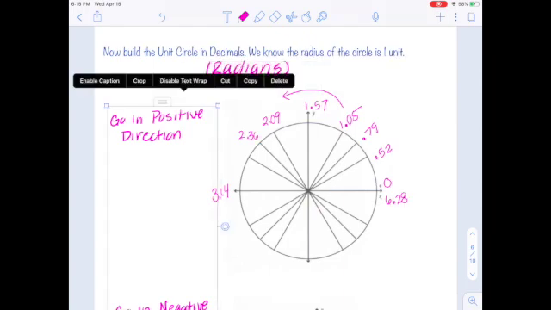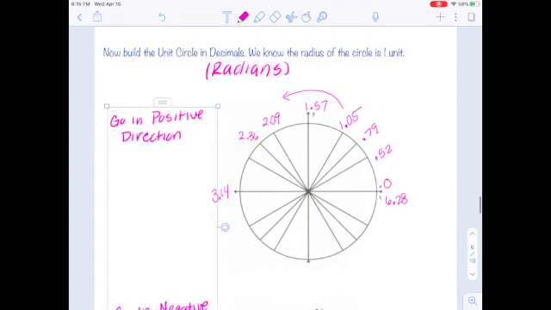2.09, 2.36, I'll just type them all in for you.